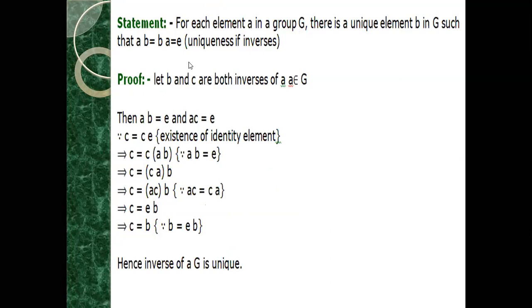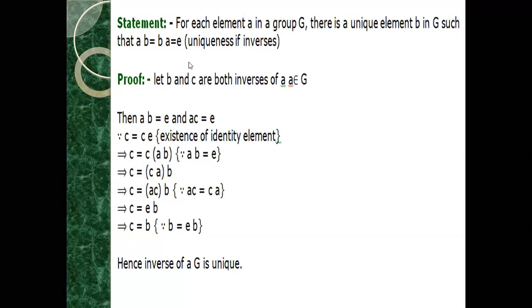For each element A in G, there is a unique element B in G such that AB is equal to BA is equal to E.